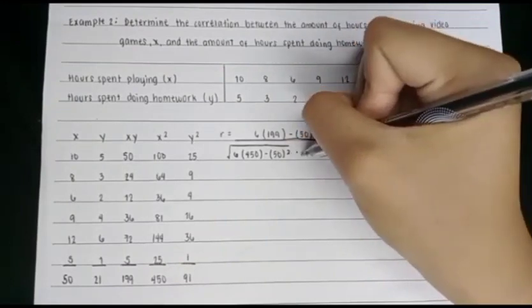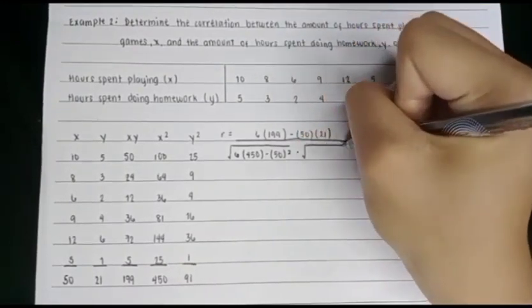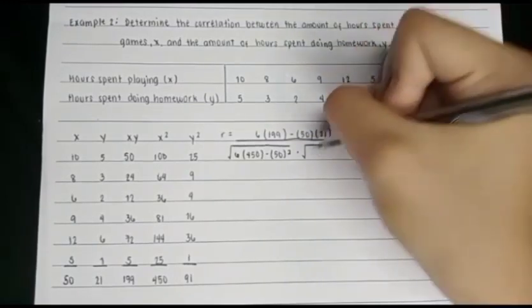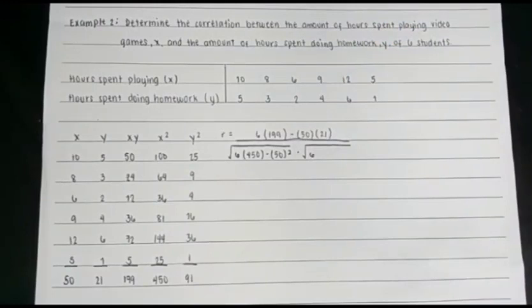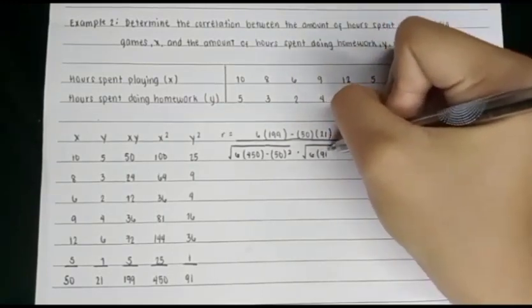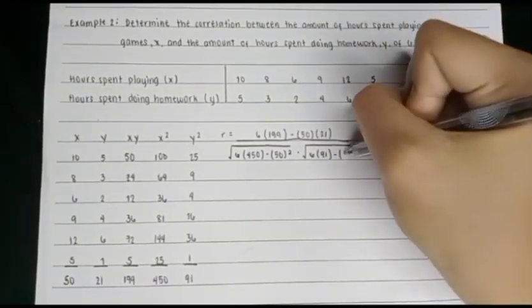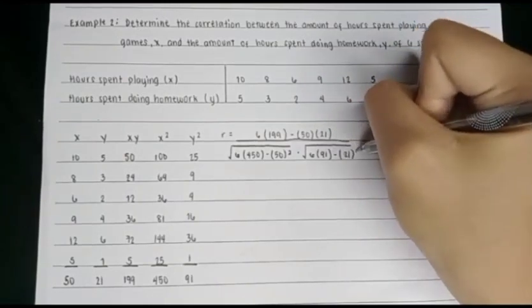Next, square root ulit. Then, the value of our n, which is 6. Multiply the sum of our y squared, which is 91, minus the sum of our y, which is 21, then squared.